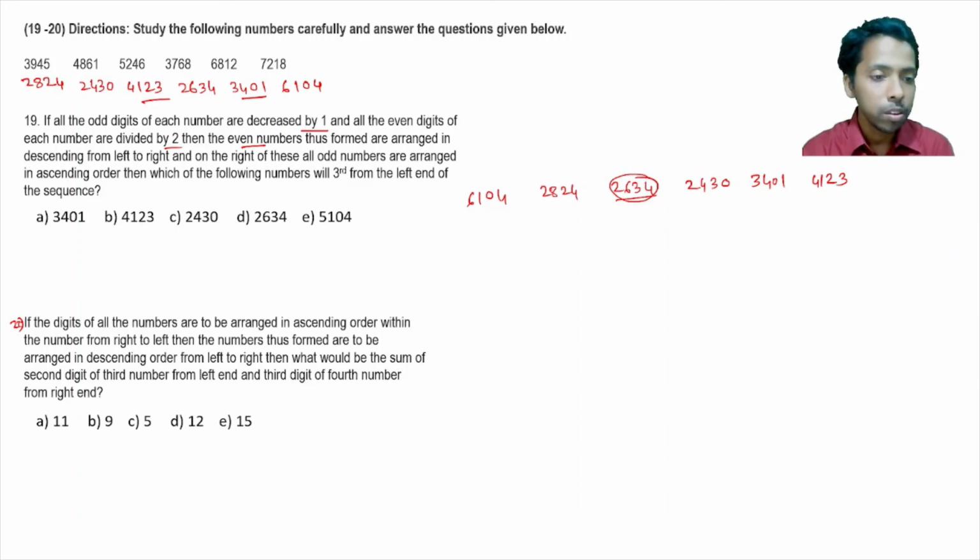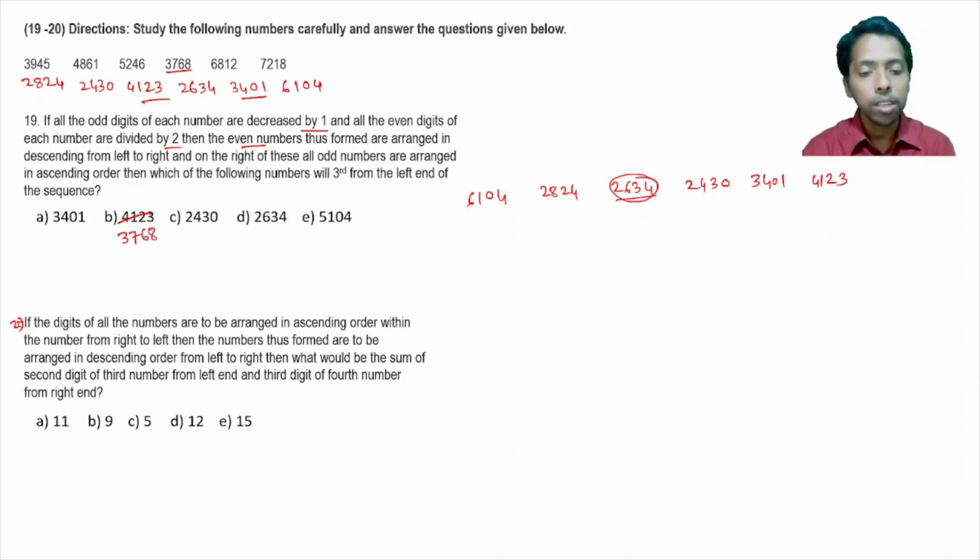That means 1 2 3 4, so 3 7 6 8. Okay, so in options it's given like this, but this would be better: 3 6 7 4, so 3 7 6 8, right?